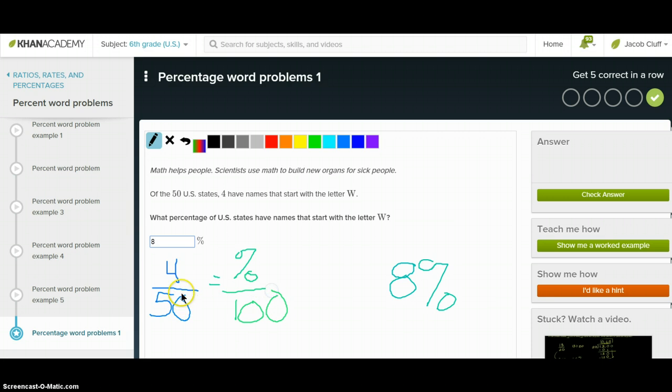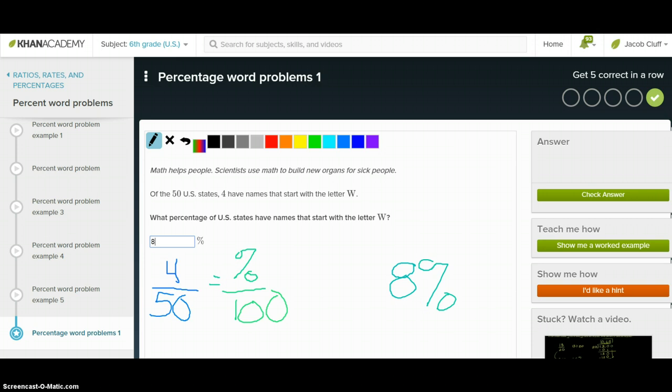So we have a simple ratio. There's 50 total states, and there's a total of 100%. And then 4 of the states have W as their first letter, and that would be equivalent to a certain percent over that 100. So we're just setting up 2 different ratios, and we're finding out the percentage that way.